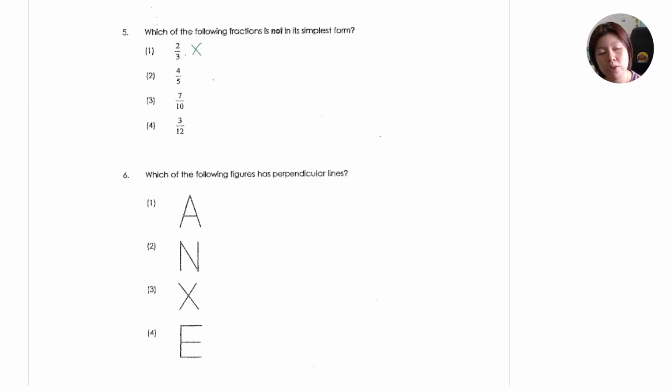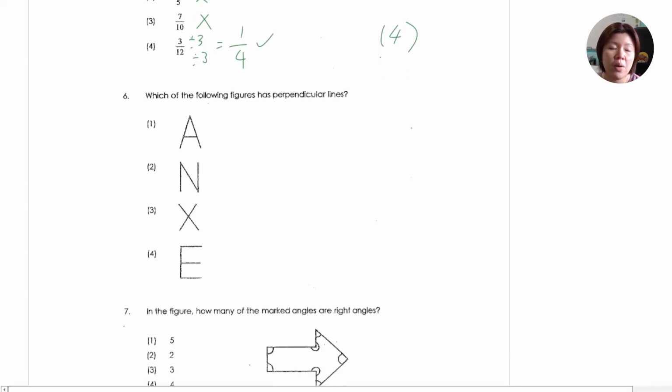I can't divide by 2 as well because 5 is an odd number. 7/10. 10 can divide by 2, but 7 can't because it's an odd number as well. So let's try 3/12. Yes, it can be divided by 3, and divided by 3 will give you 1/4. Okay, answer number 4.